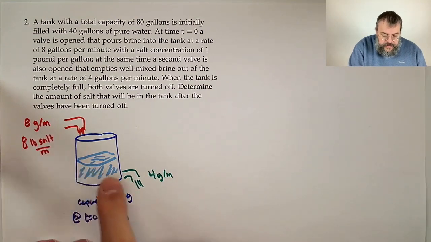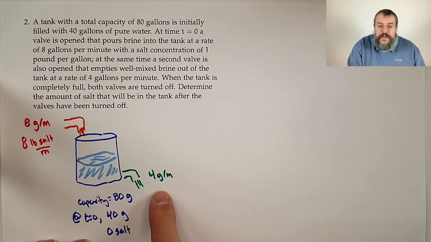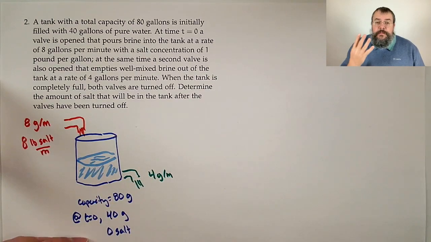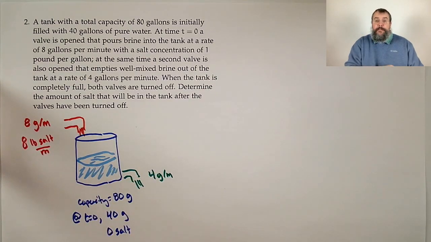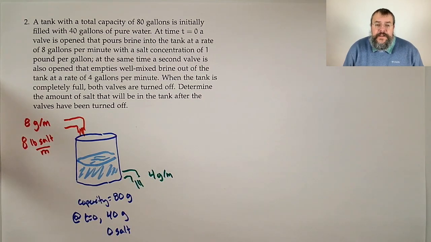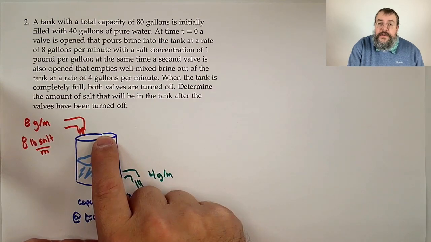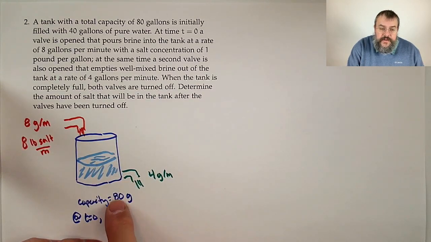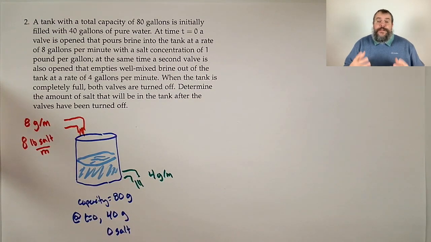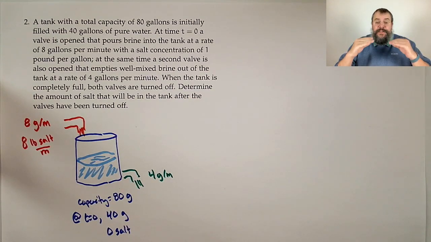Well, what's the difference between the in versus the out? And the answer is, well, a net 4. So every minute that passes, we get 4 more gallons. And how many more gallons do we have to fill to be full? Well, there's 40 gallons between the initial amount and the capacity, which means we have 10 minutes.